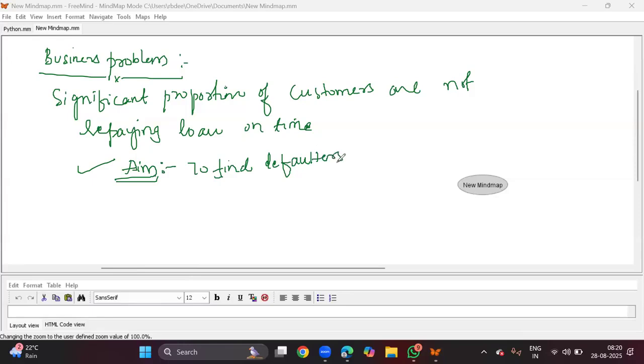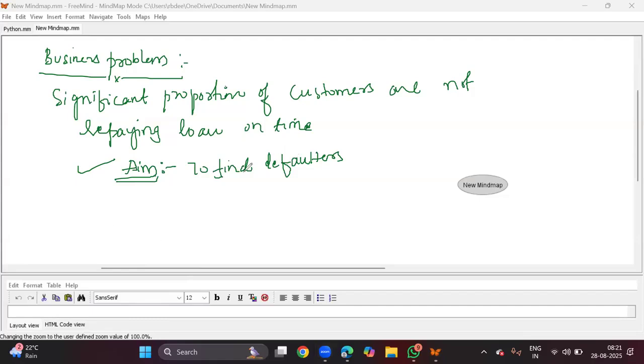What do we understand by finding the defaulters? Defaulters means unable to pay, they don't pay on time. They're taking the loan and running away. That's the understanding: we have to find who the defaulters are.